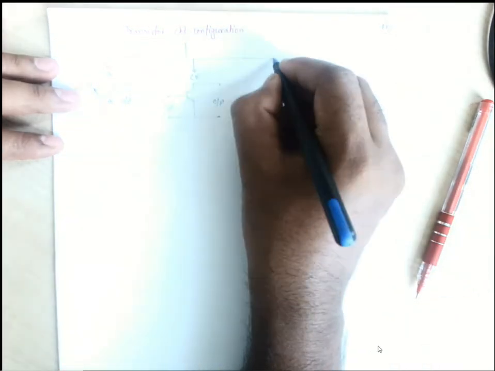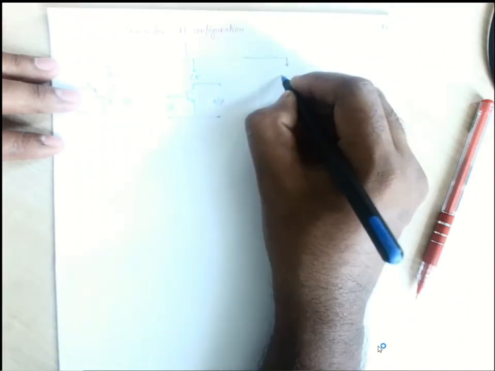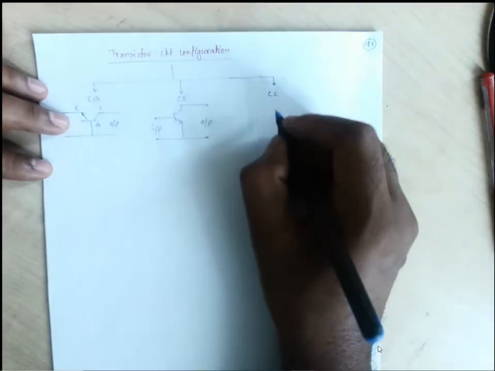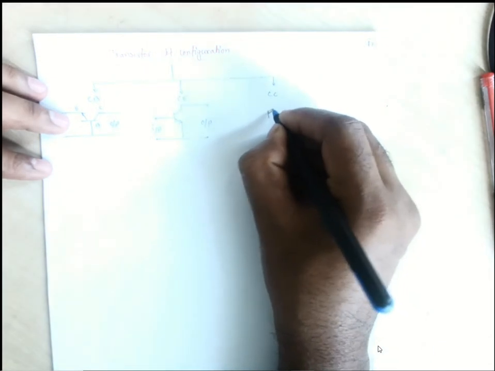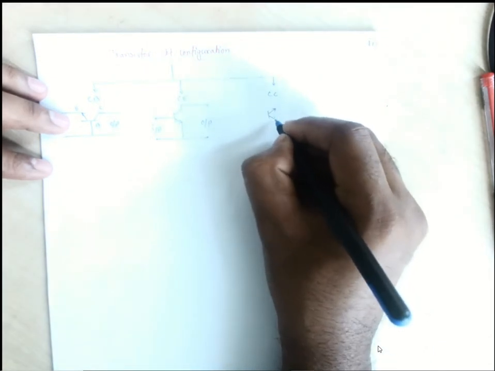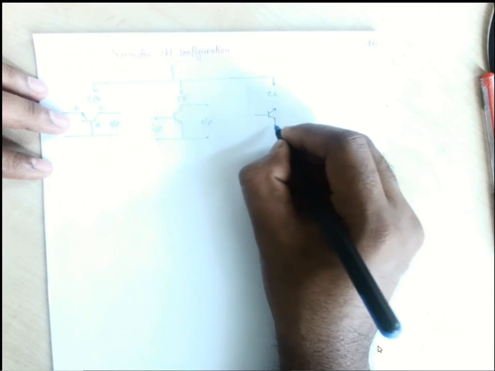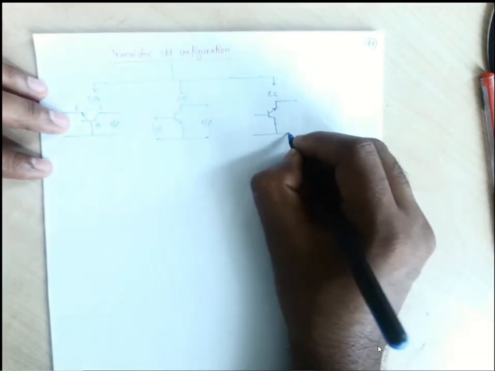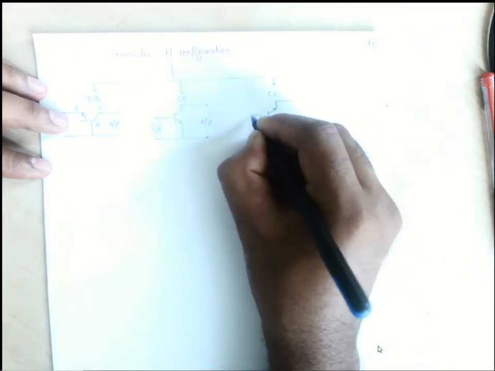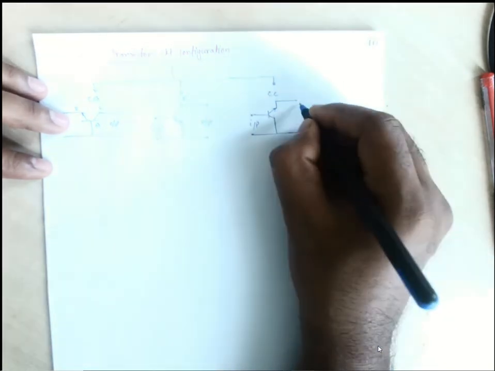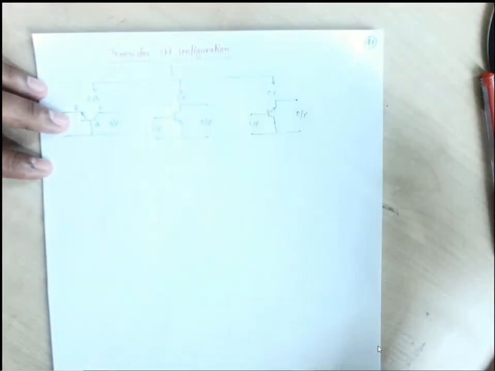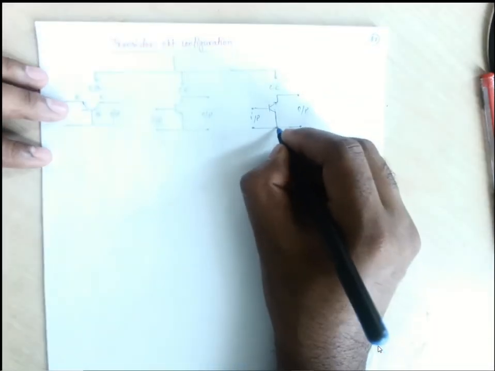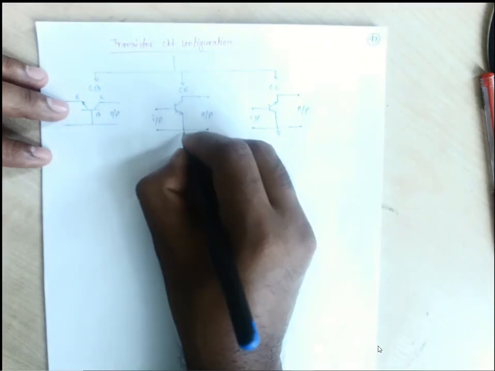Another one is the common collector, where collector is common. This is the input, this is the output. It is connected with the ground, common ground.